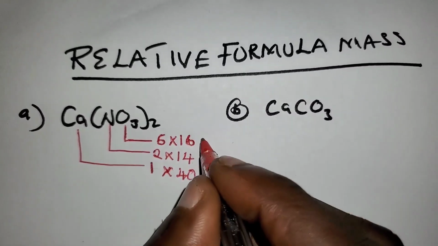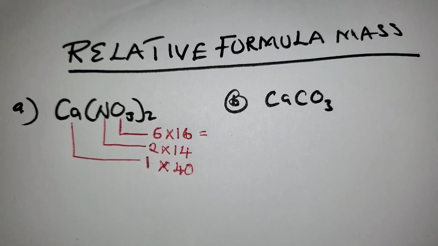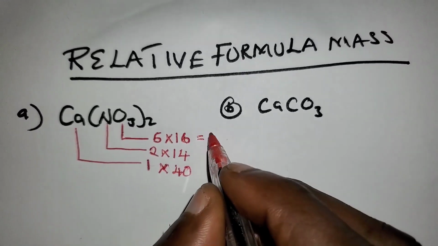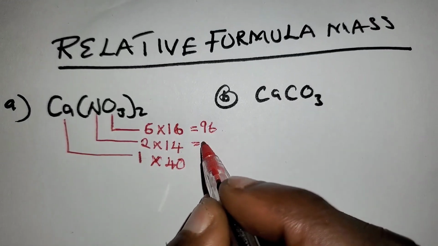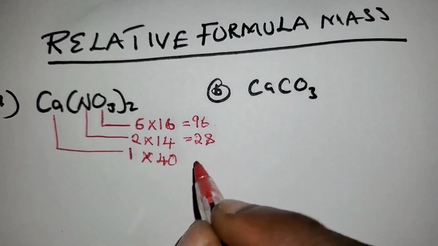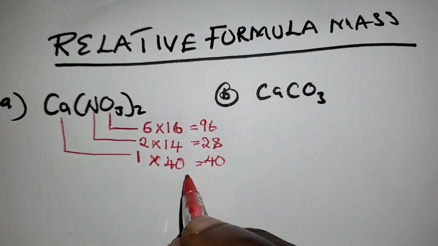Then we multiply here: 6 multiplied by 16 is 96. 2 by 14 is 28. Then 1 times 40 is just 40.